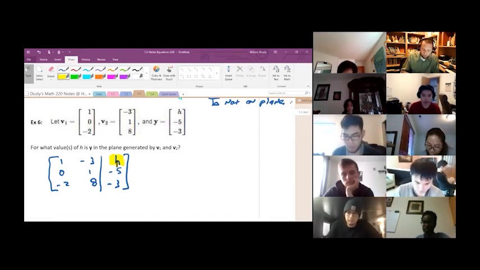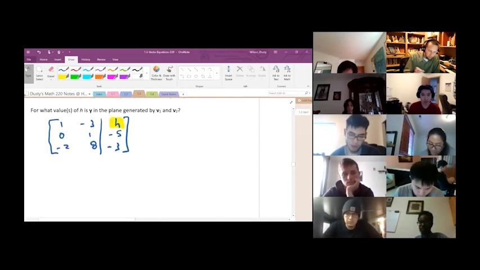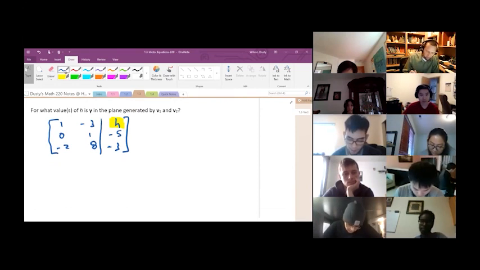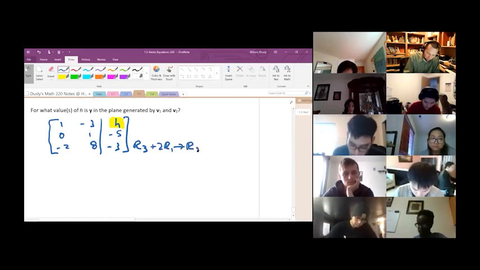You can check by hand or with technology if you have that, but assume I'm asking you to show the steps. So I want to eliminate the -2. I have row 3 plus 2 row 1 goes to my new row 3.